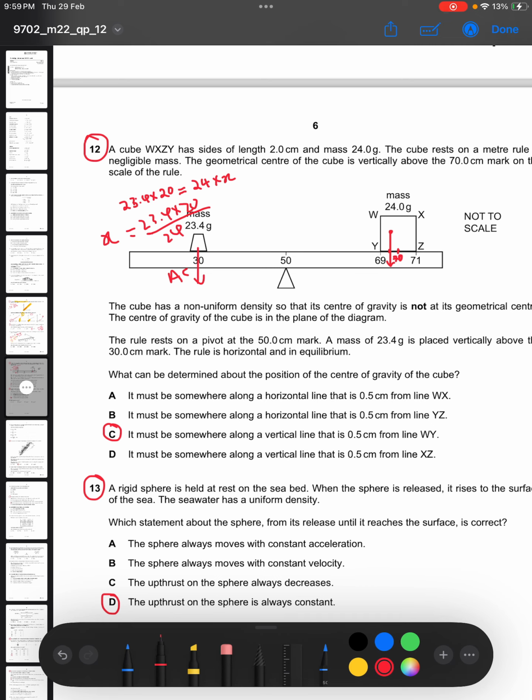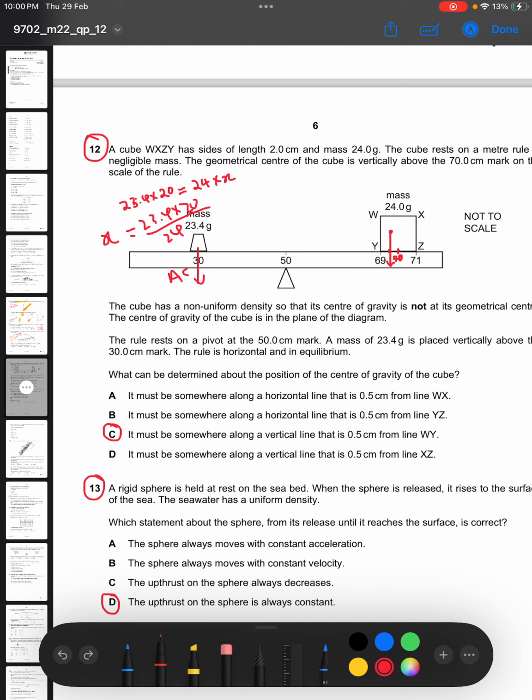So this one is considering that the center of gravity has to be somewhere along the horizontal line 0.5 from WX. Now that is wrong because it cannot be just somewhere. They are just saying that it is possible somewhere along that line there, which is wrong because then it will be possible to be any point along that horizontal line.